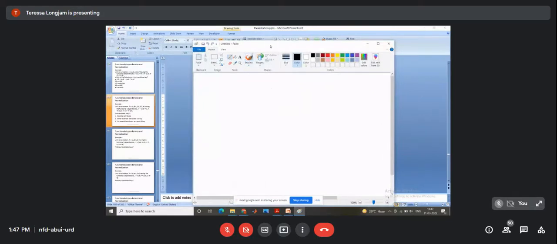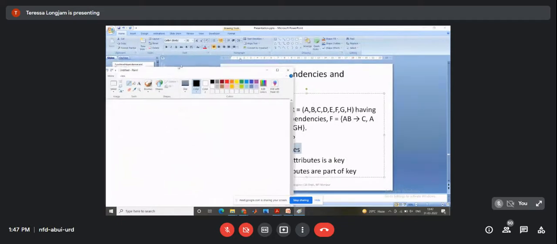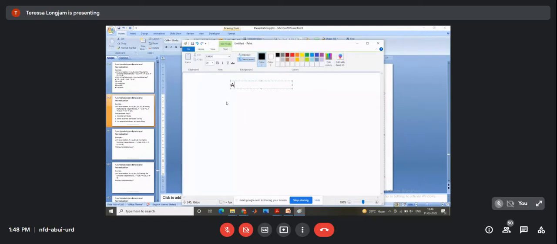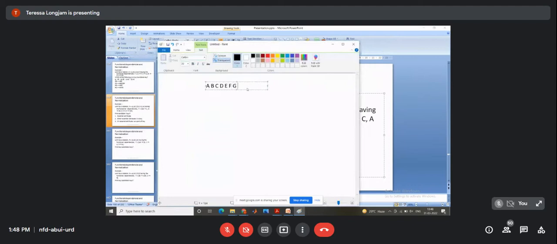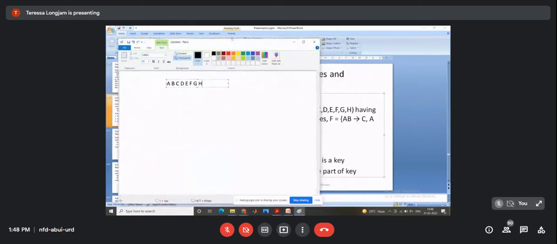The attributes that we have are A, B, C, D, E, F, G, H. These are the attributes that we have here. Now about the functional dependencies.